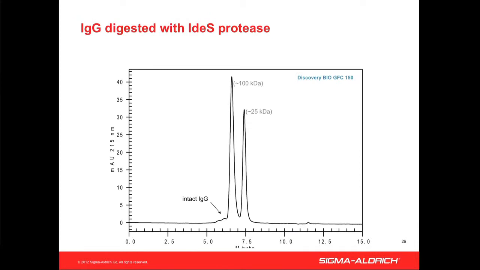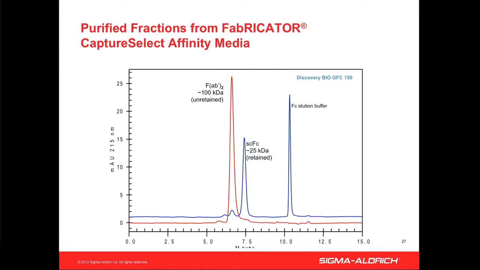This then is now complete digestion, where you simply have these two fragments. This is the Fab, and this is the singly clipped Fc, sorry, the F(ab')2. These are now for these purified fractions, which is facilitated again by this immobilized protease and a second affinity column of some type that is used for specifically retaining this Fc fragment.